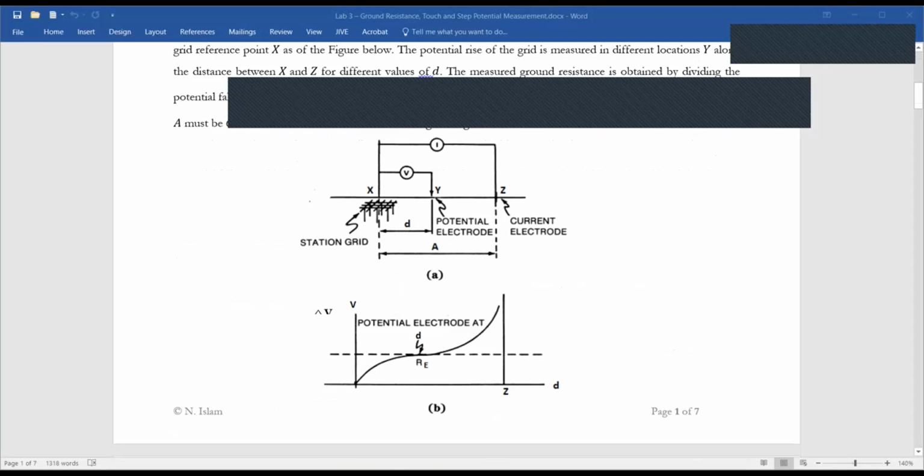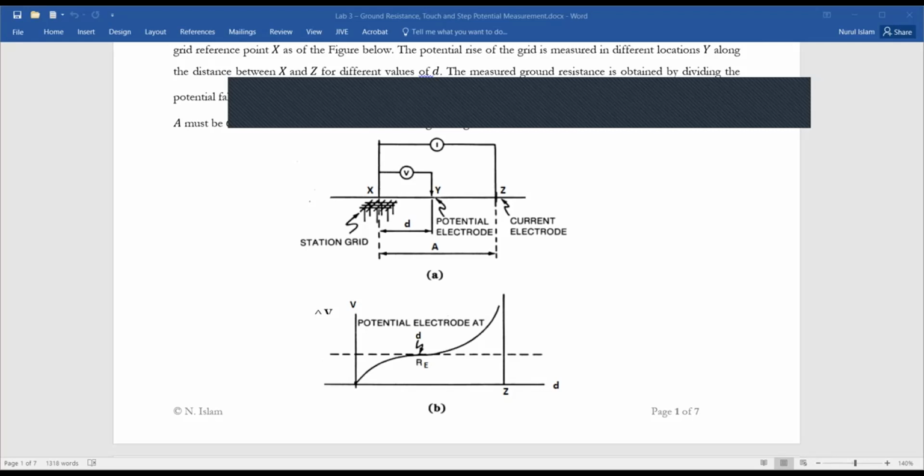Definitely, because of fault current through this grounding grid, the surrounding area will be under the influence of voltage. And that voltage is basically ground potential rise. Now in this lab we have to inject current, not right into the grounding grid, but far away at any point using an auxiliary electrode.